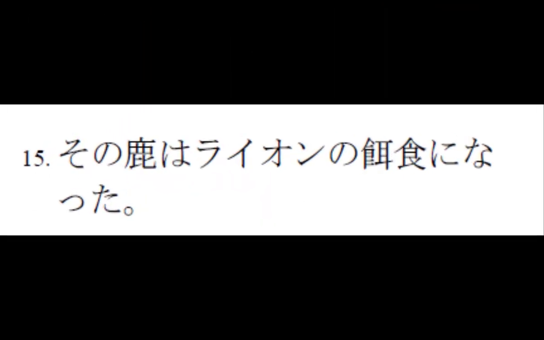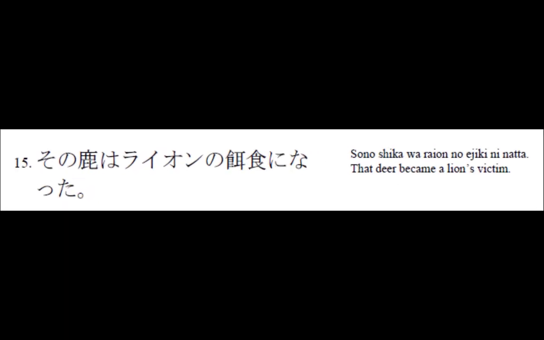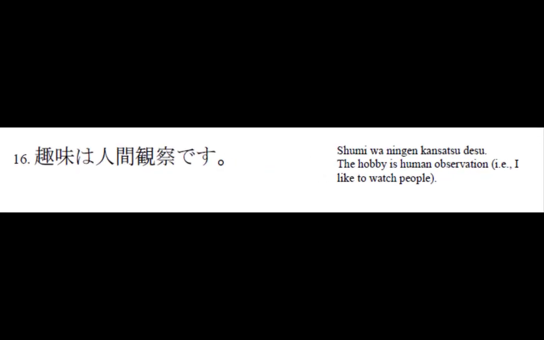In this case, let's say that I can read the sentence, Sono shika wa lion no ejiki ni natta. Now I uncover the text on the right, which confirms that I read the sentence correctly and shows me the literal translation. Now I go on to read the next sentence, which has 6 kanji in it.